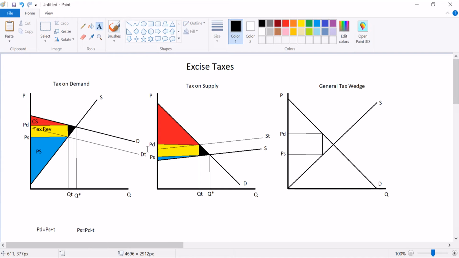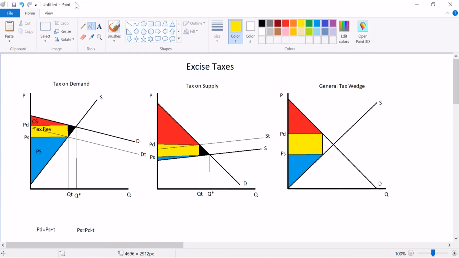And so if you need to remember it by drawing all of these extra lines, go for it, because it totally works. But I also want you to remember that it literally doesn't matter, because the effect will still be the same. The tax creates a wedge between demand and supply.